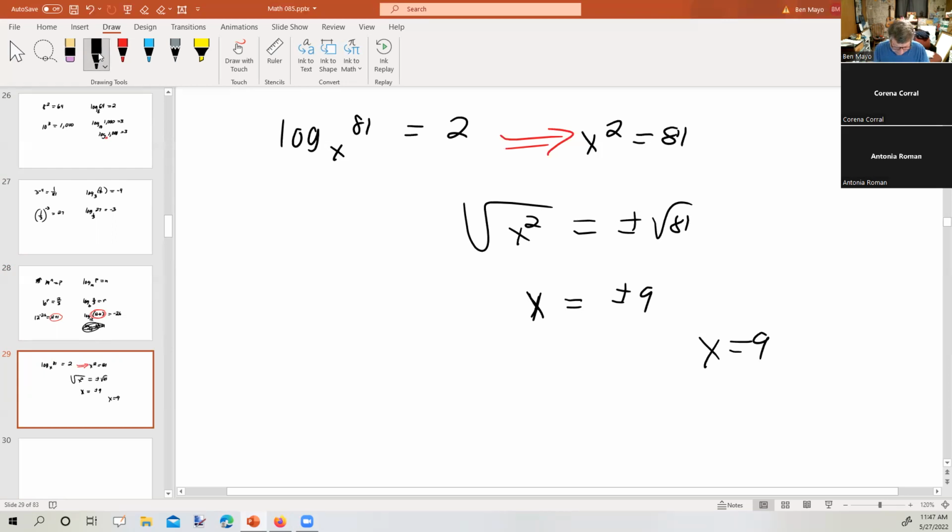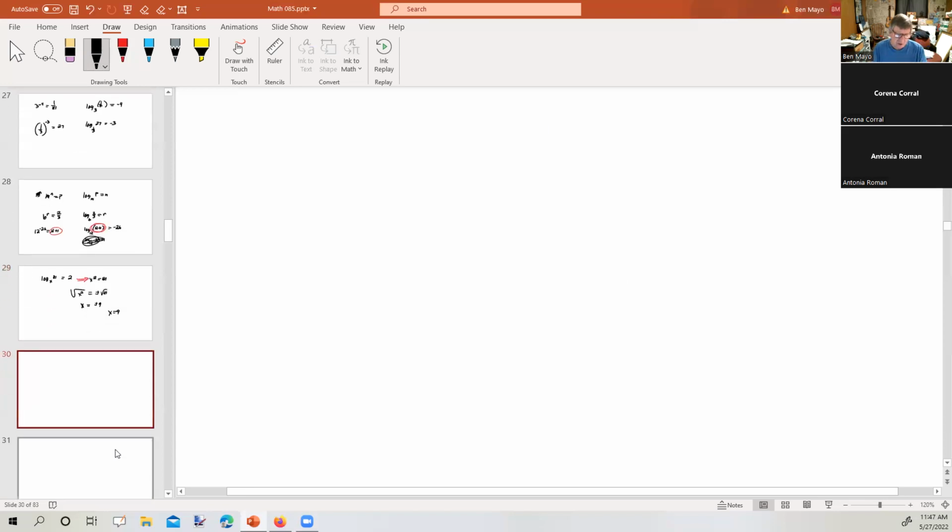Well, let's go back in time to yesterday when we looked at exponential equations, y equals b to the x. And we talked about that b had to be greater than 0, but b could not equal 1. Do you remember that? Yes.